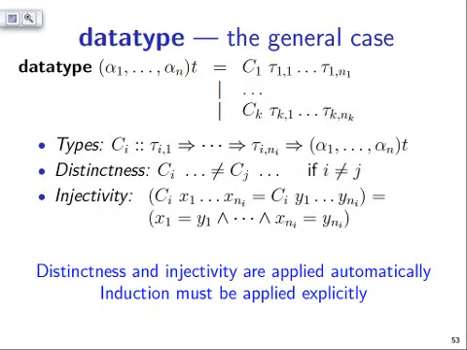So distinctness and injectivity are applied automatically, for example, by auto. Induction must be applied explicitly. And what does induction mean? Well, it simply means that if you want to prove a certain property of elements of that type by induction, you have to show that the property is preserved by putting a constructor on top of arguments.